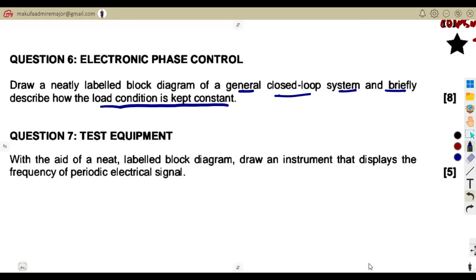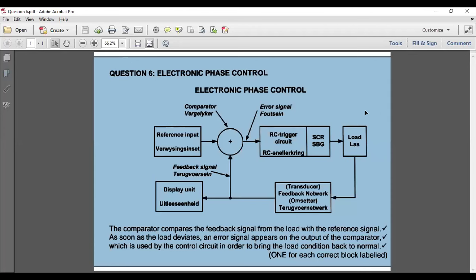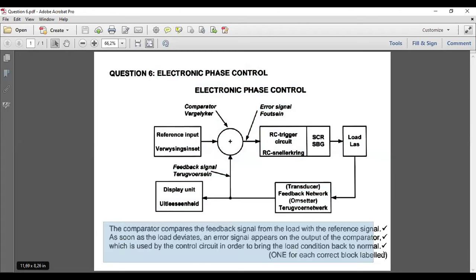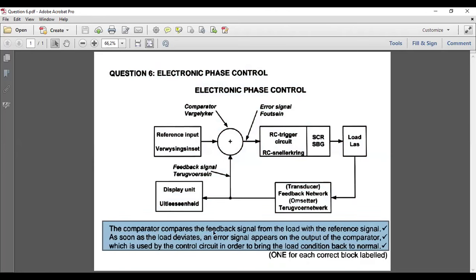All right, so in this case, I'm just going to show you the diagrams so that as you revise, you also know what you are required to answer. This is our electronic phase control, considering a closed system. They've got the reference input, comparator to the RC trigger circuit, which is to the load, and we're going to have the transducer. The comparator compares the feedback signal from the load with the reference signal.